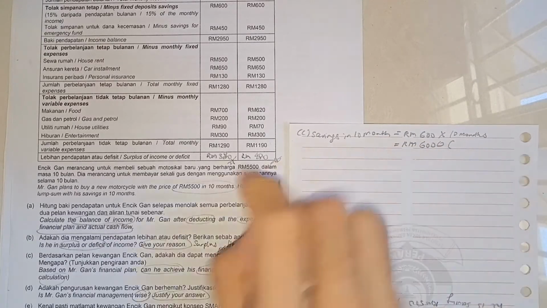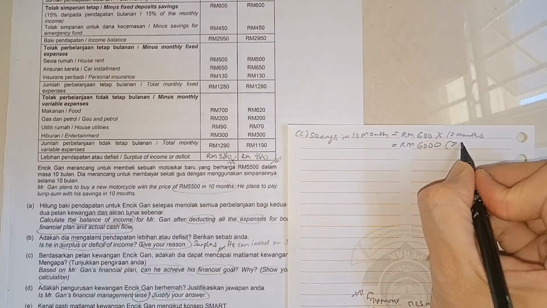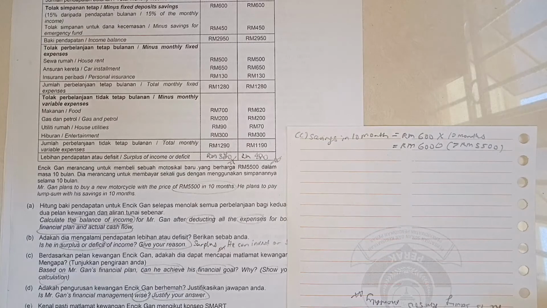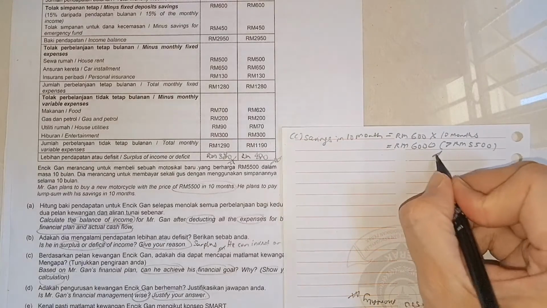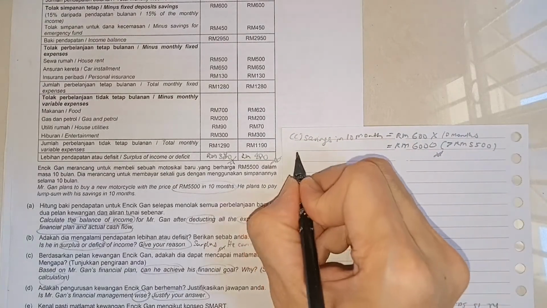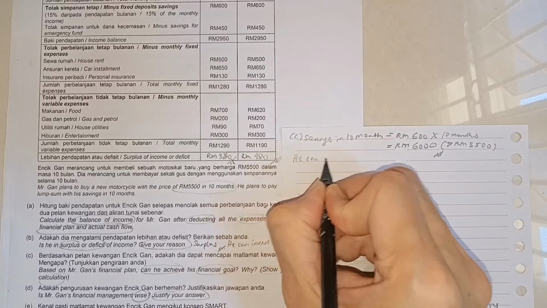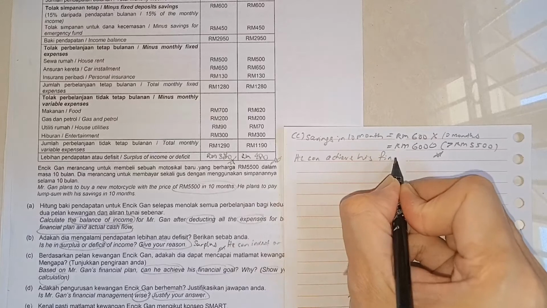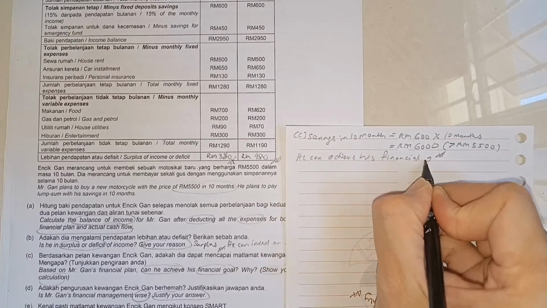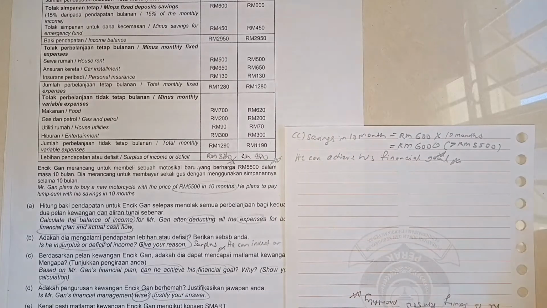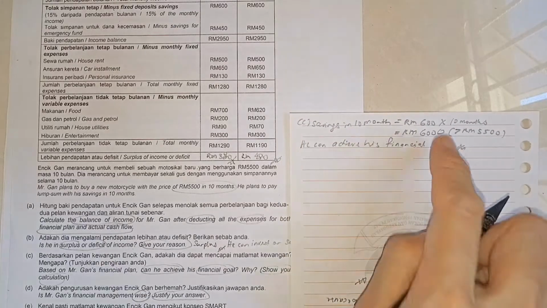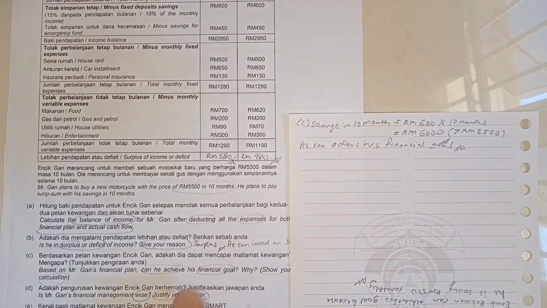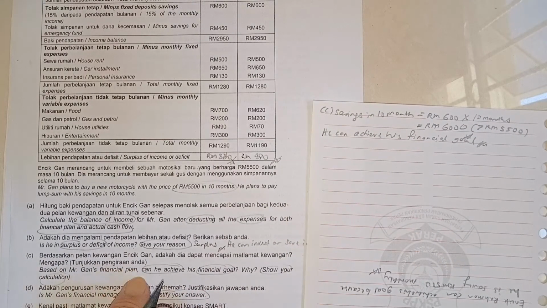So it's more than 5,500. So he can achieve his financial goal. Okay, I will show my calculation. He can achieve. I answer it.